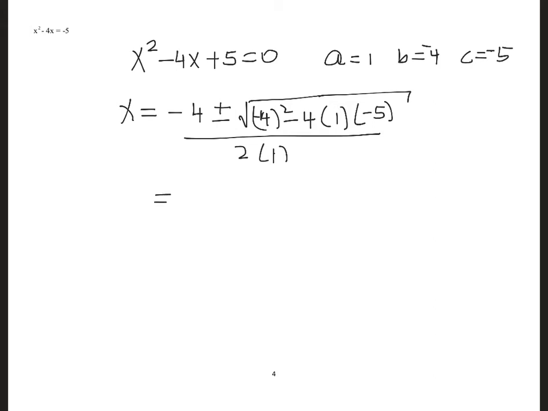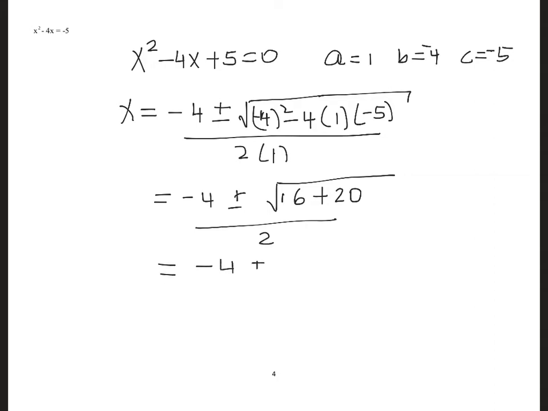And what do we get? Minus 4 plus or minus the square root of 16, and this is minus 4 times negative 5, so this is plus 20 over 2, which is equal to minus 4 plus or minus the square root of 36 over 2, which is equal to minus 4 plus or minus 6 over 2.